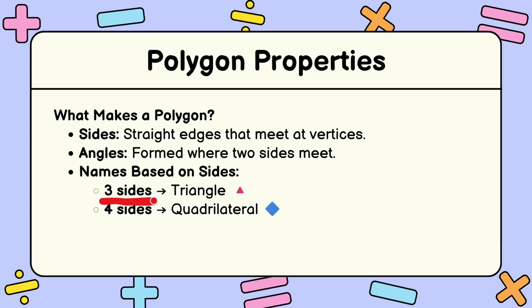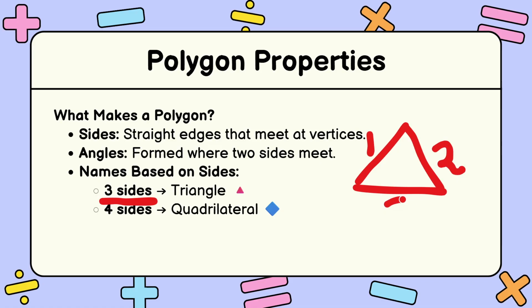The number of sides dictates the name. For example, a shape with 3 sides is called a triangle. So this shape, it is called a triangle. It has got 1, 2, 3 sides. And a shape with 4 sides.